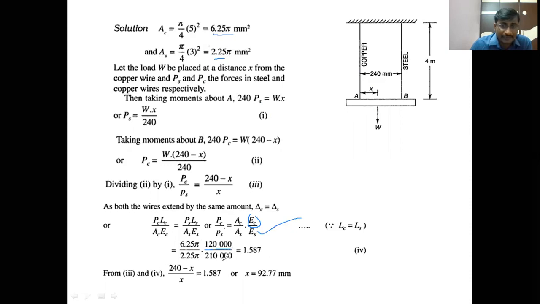Similarly, Young's modulus for steel is 210 GPa, that is 210 into 1000 newtons per mm square. Upon calculating, the ratio PC by PS is 1.587 from the compatibility equation. Similarly, from the equilibrium equation, PC by PS is equal to 240 minus X by X.